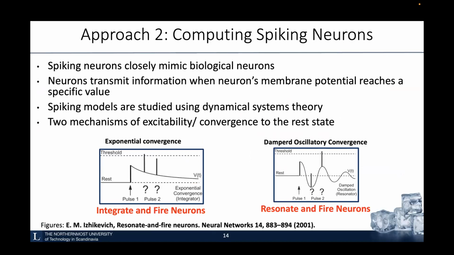So basically, they implement these operations of biological neurons on the chip. So in chip architecture, both types of neural functionality: integrate and fire neurons, resonate and fire neurons.